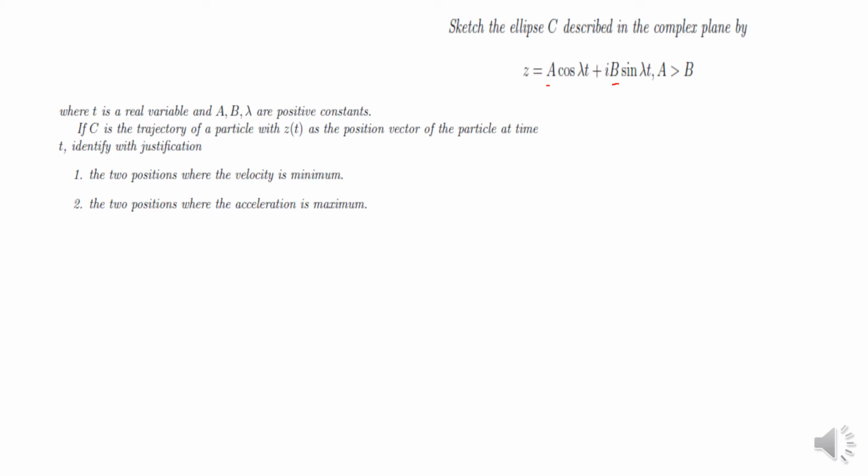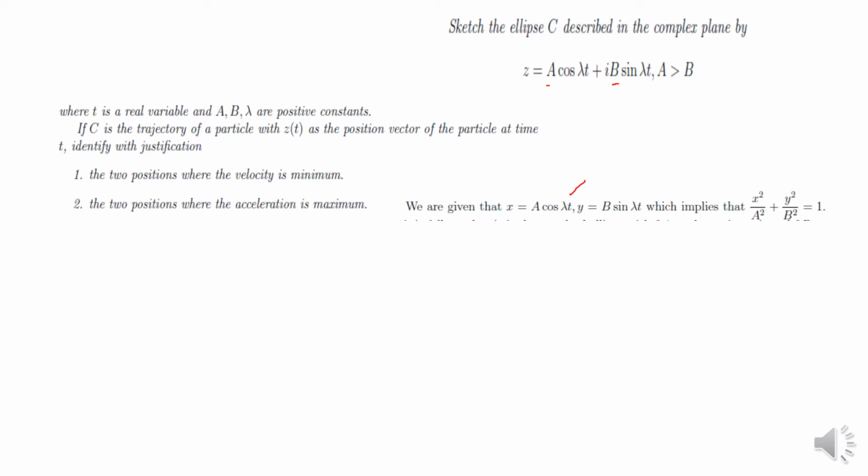A is greater than B. And if C is the trajectory of a particle with z(t) as the position vector of the particle at time t, identify with justification the two positions where the velocity is minimum and the two positions where the acceleration is maximum.